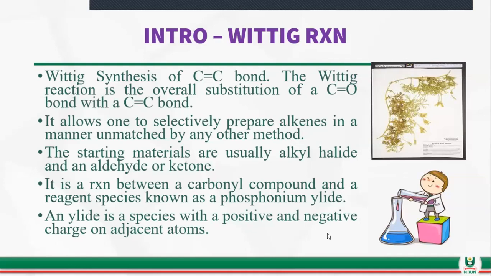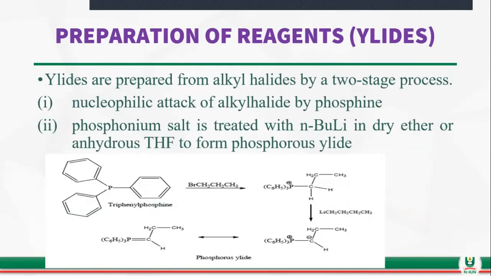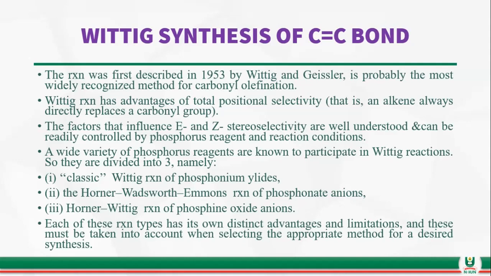So when we are talking about Wittig, there are some things that are peculiar that we need to look at. We'll be looking at that in detail very soon. The reaction was first described in 1953 by Wittig and Geissler, and is probably the most widely recognized method for carbonyl olefination.